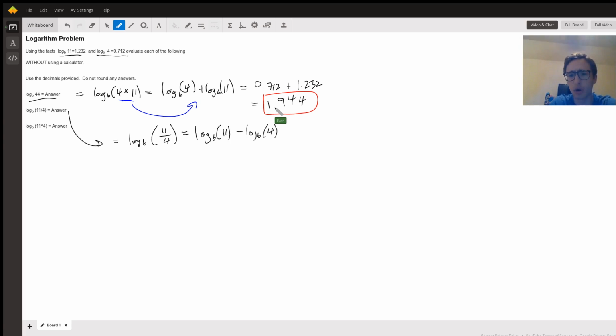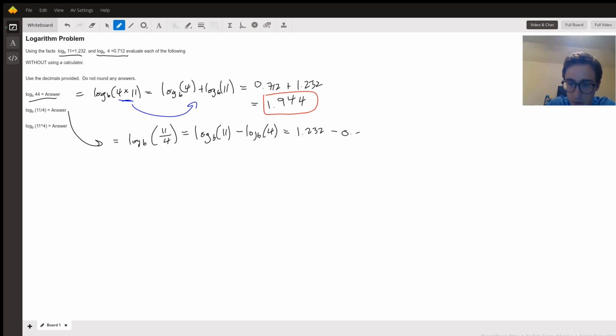And in this case, the order matters, right? We have the 11 on top and the 4 on bottom. So 11 is being divided by 4, 11 minus 4. And again, we have the numbers for these, so let me just plug that in. Log base b of 11 is 1.232. Log base b of 4 is 0.712.